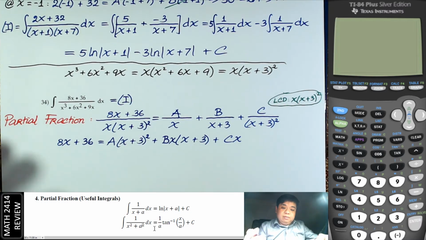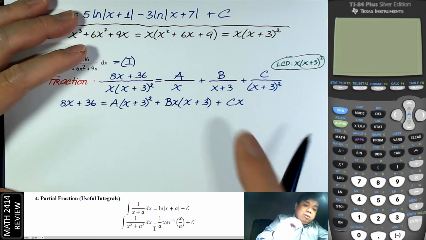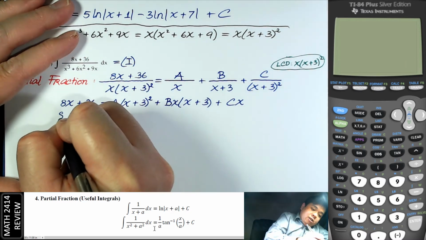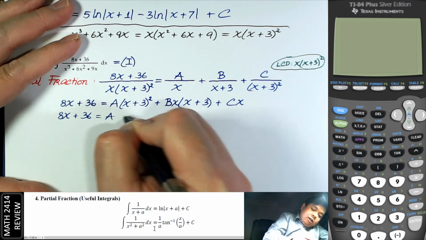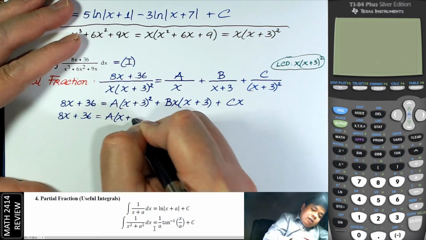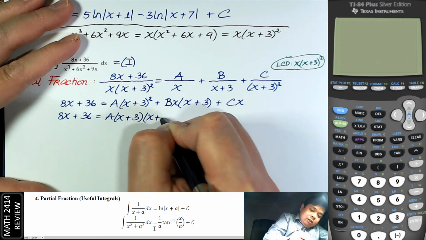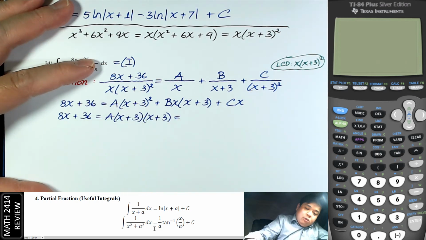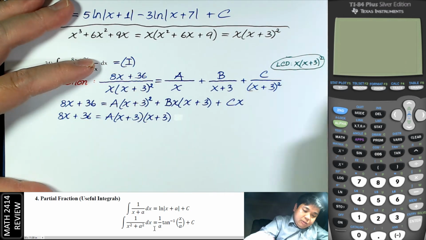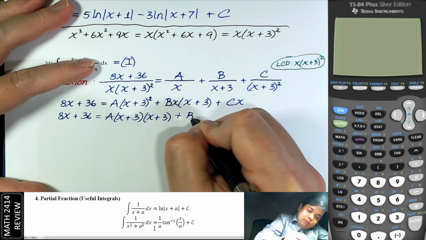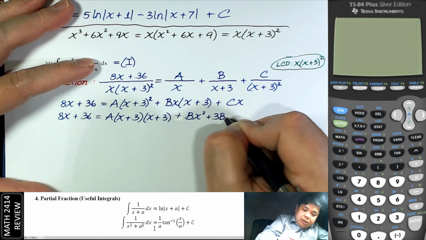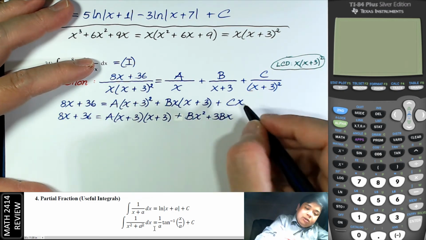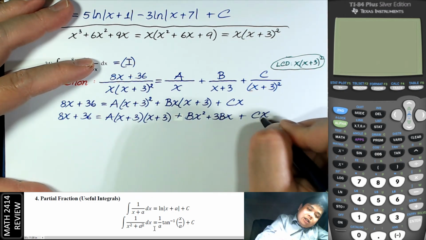And multiply them out and combine like terms. Right, this is x plus 3, x plus 3, multiply this out, bx squared, 3bx, and then cx.